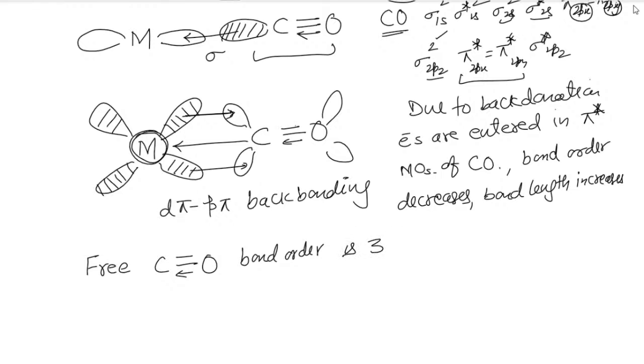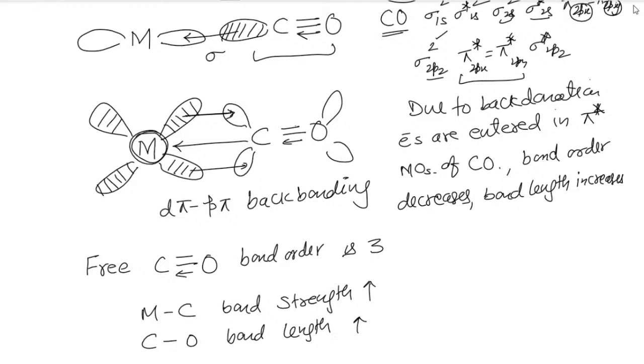But when back donation takes place, the more the back donation, the more the metal-carbon bond strength increases, and the carbon-oxygen bond length increases because its bond strength decreases. The more the back donation, this bond becomes stronger and this bond becomes weaker. That's it.